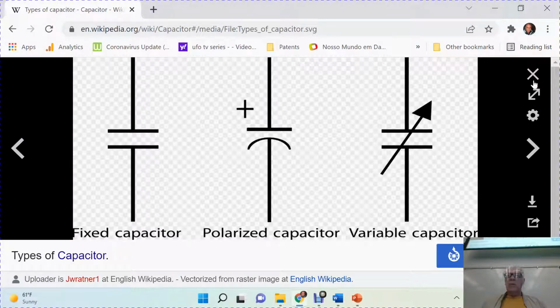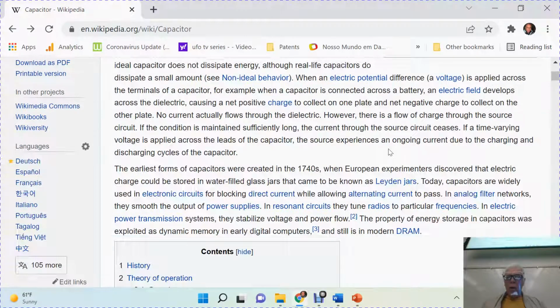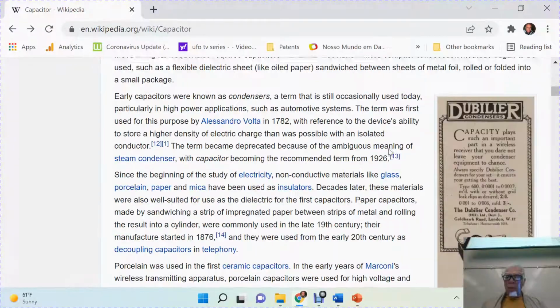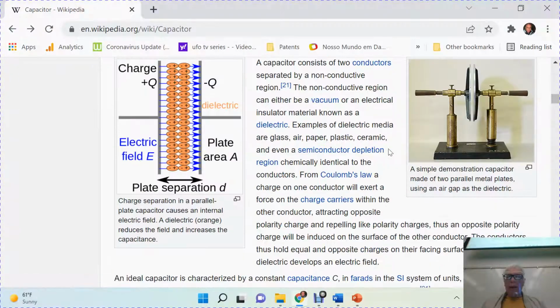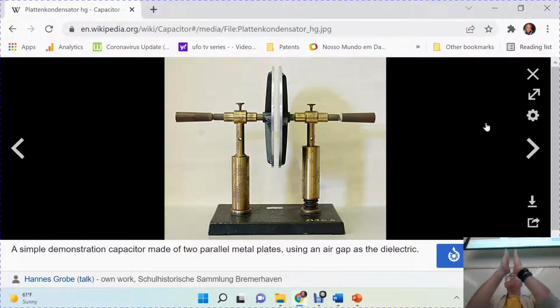So that fancy capacitor that I showed you is a variable capacitor. This guy right in here is a variable capacitor. If you change the separation between the plates, you're going to vary the properties of this capacitor.